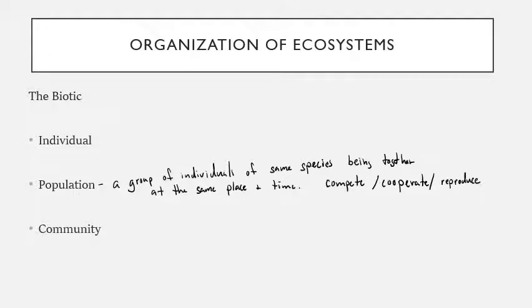So that's the idea of a population. They all have to be members of the same species, and they're all together at the same time, so they can interact with one another. And a community then is a group of populations that have the exact same potential to interact. So they have to be also together at the same place and time.